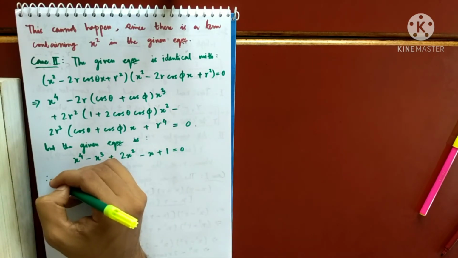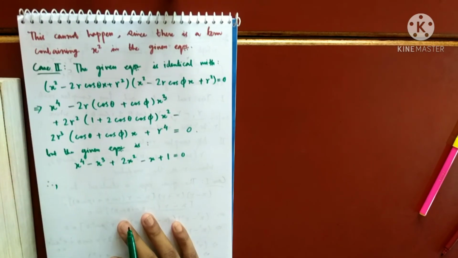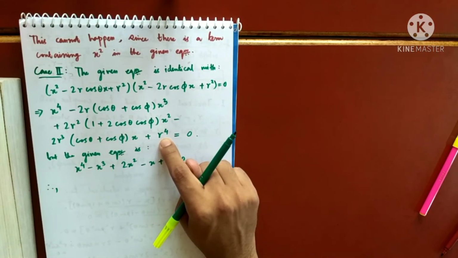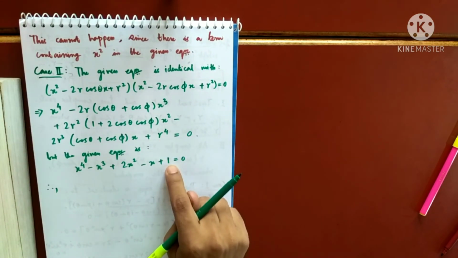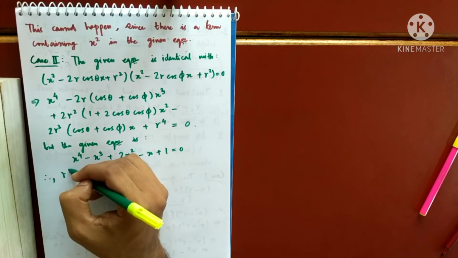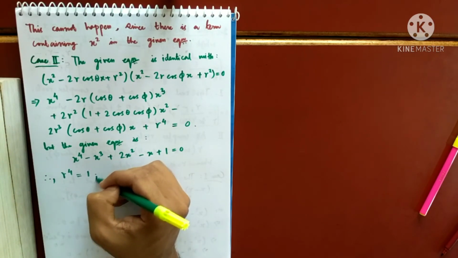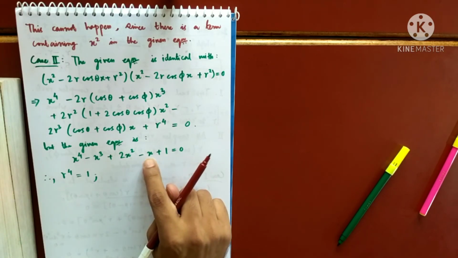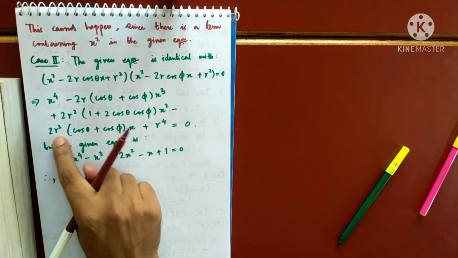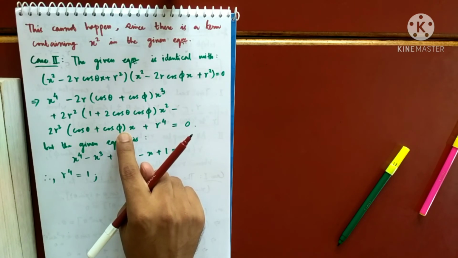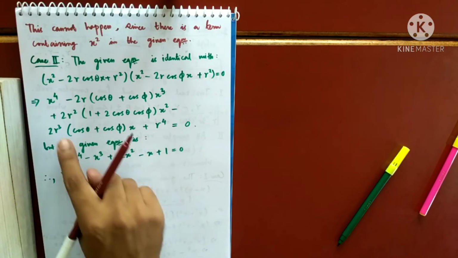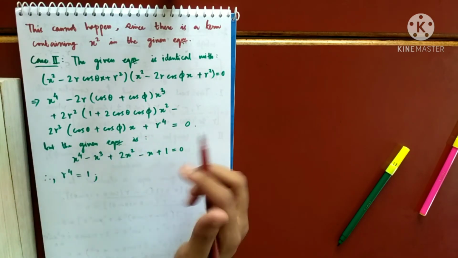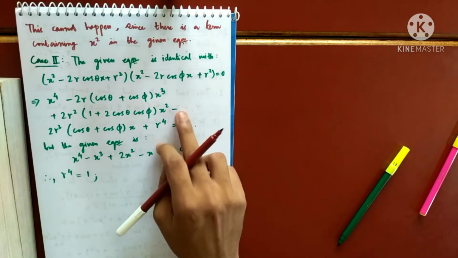So therefore compare the coefficients. What is the constant term here? r to the power 4. Here the constant term is 1. So r to the power 4 must be equal to 1. Next, what is the coefficient of x here? Minus 1. What is the coefficient of x here? This. So minus 1 will be equated to this.